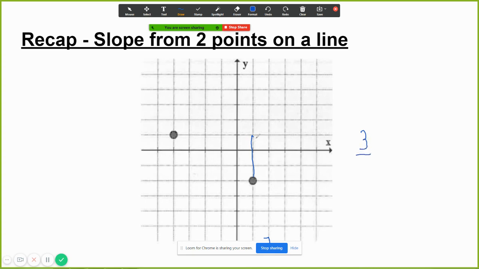So our rise is 3, and our run is 1, 2, 3, 4, 5. And our run is 5. And if we drew a line through those points, we could see it's going down. So it would be a negative 3 over 5. Okay?